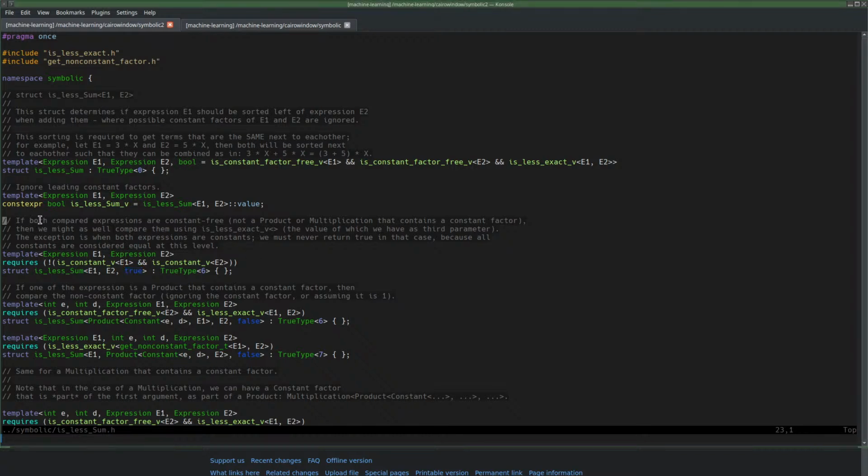See, both compared expressions are constant 3, then we might as well compare them using is less exact. The value which we have as third parameter. Exception is when both expressions are constants. You must never return true in that case. All constants are considered equal at this level. This is going to be complex.